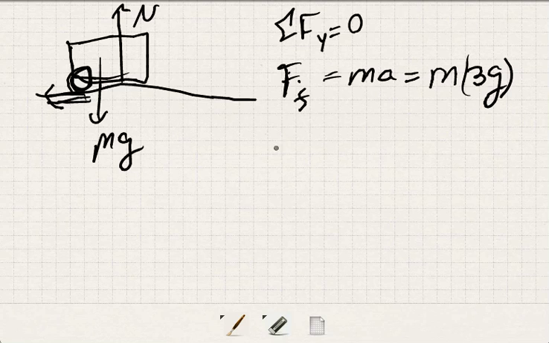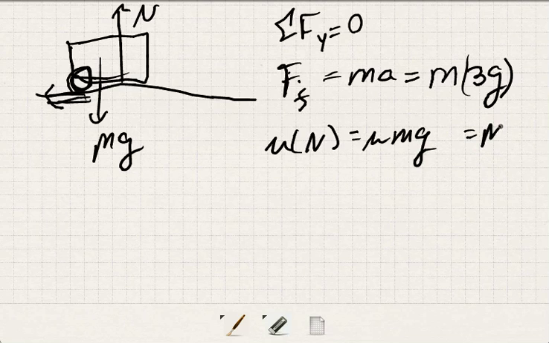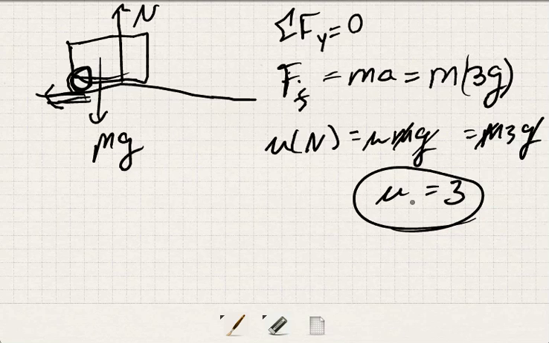Well, that force of friction is just mu times the normal force, which you're telling me is mu times mg. And so what we realize is mg cancels on both sides, and mu is equal to 3. That means if you have a normal force of 1 Newton, it gives you a frictional force of 3 newtons sideways.